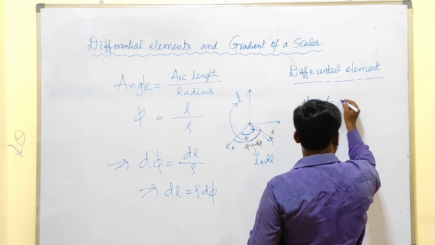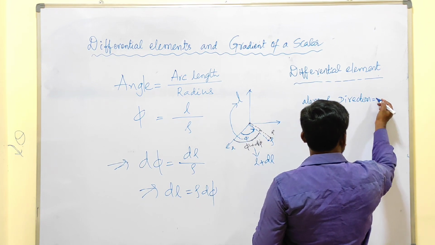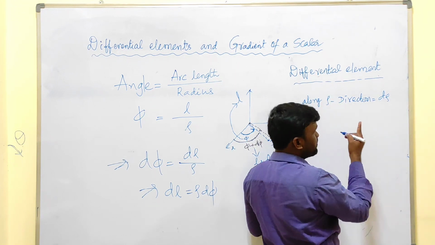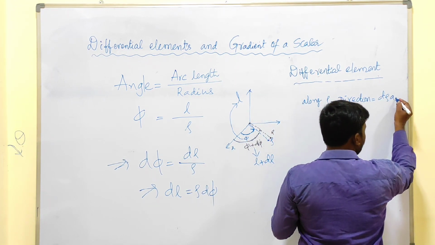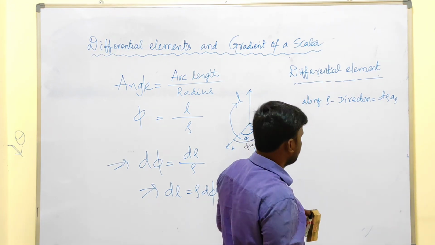Differential element along rho direction is nothing but d rho. It is displacement along rho direction. That's why we need to write a unit vector, that is a rho.